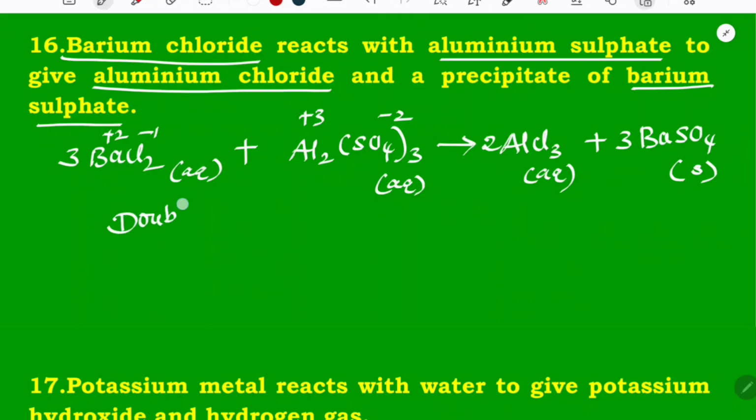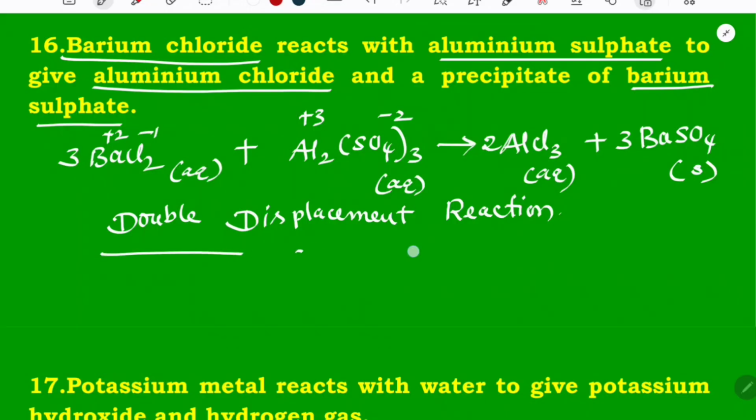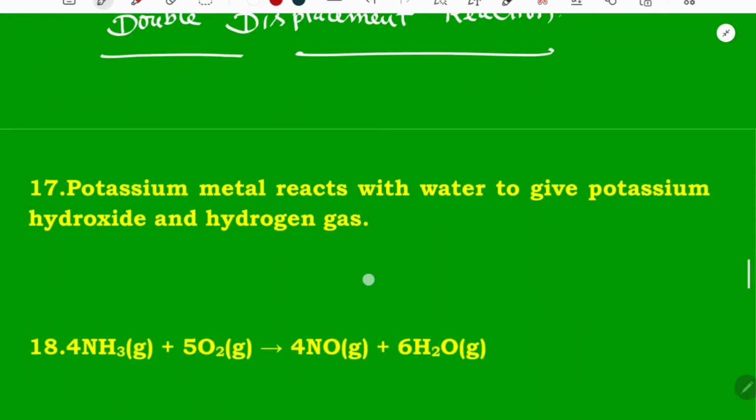Mutual exchange of ions takes place. Bariums are connecting to the sulfates and aluminum is connecting to the chlorine. So this is a double displacement reaction.